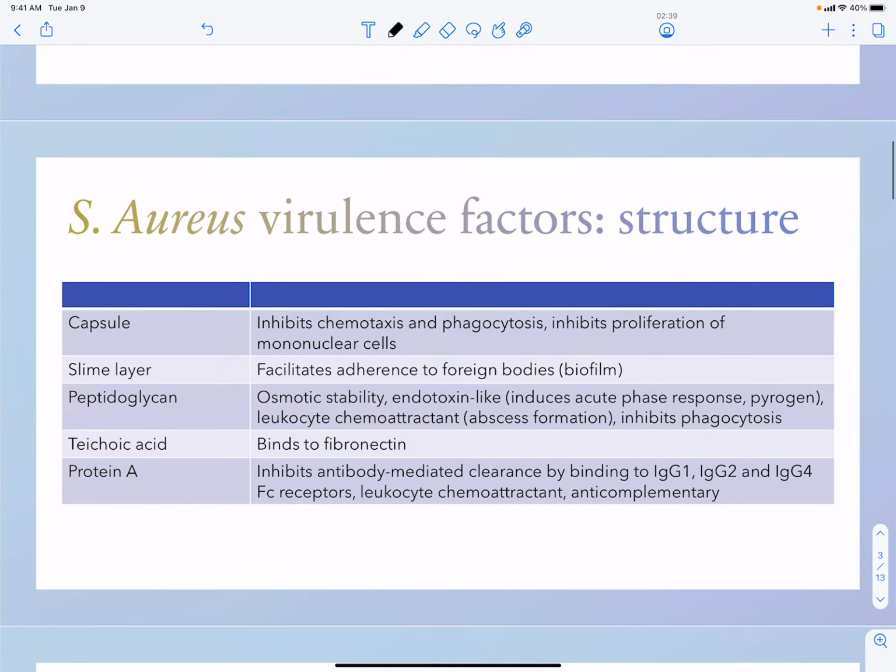Now, Staph aureus does have virulence factors, and its virulence factors are going to be its capsule. It also is going to form what is called a slime layer. And a slime layer is basically a loosely bound water-soluble film.